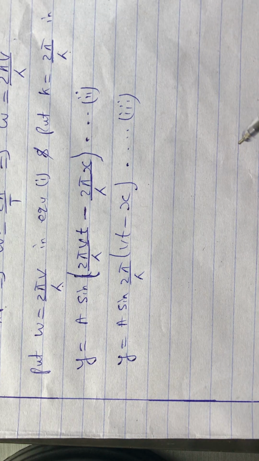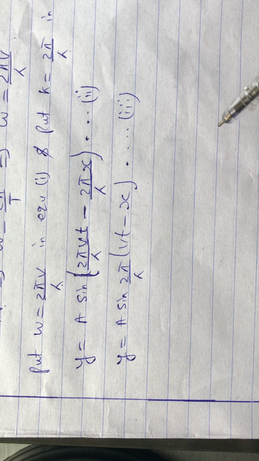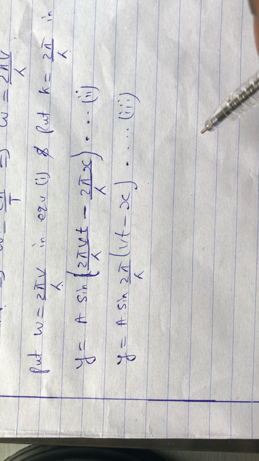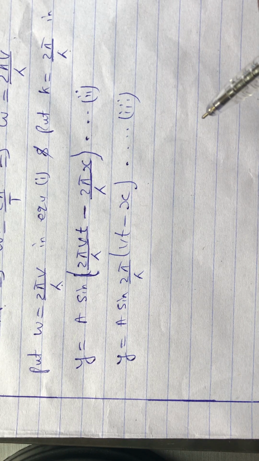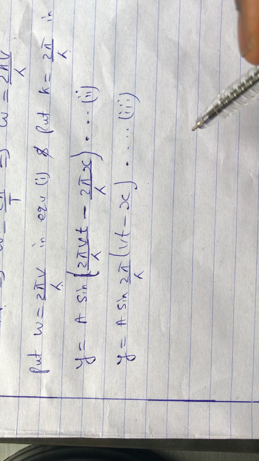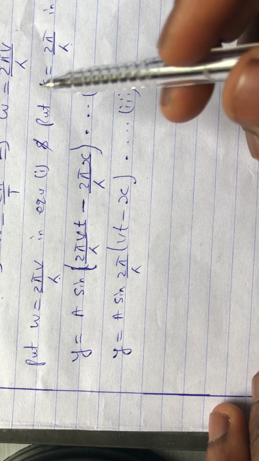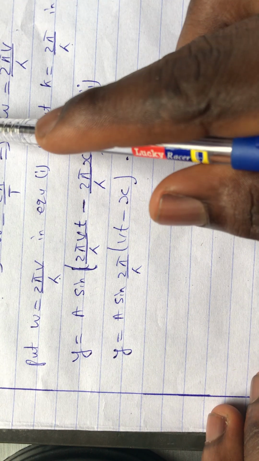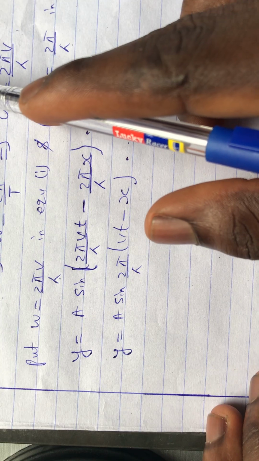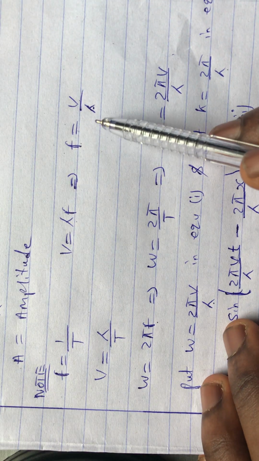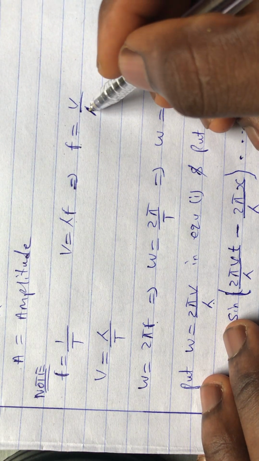Now, still on wave equations, there are other wave equations. Let's derive the fourth wave equation. At the beginning, I told you that f equals v all over lambda.